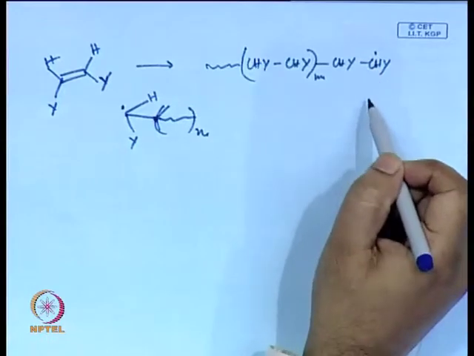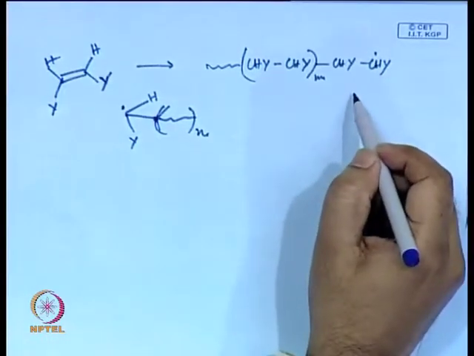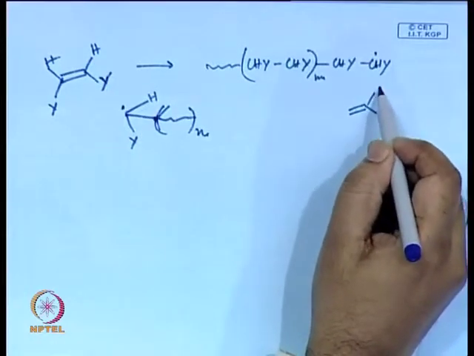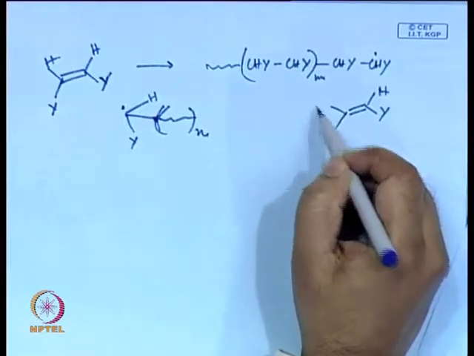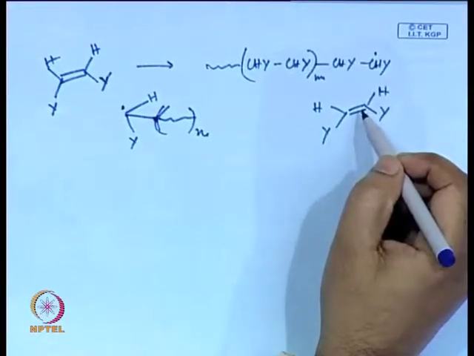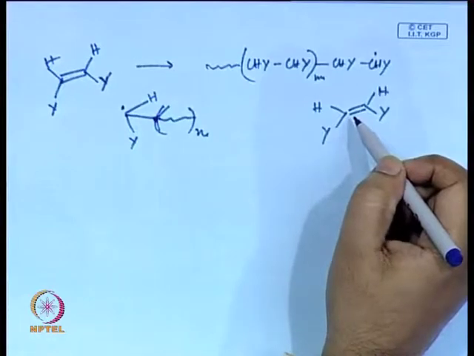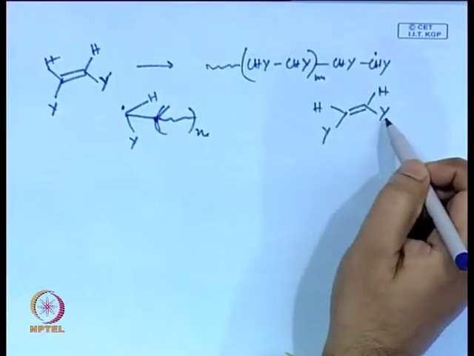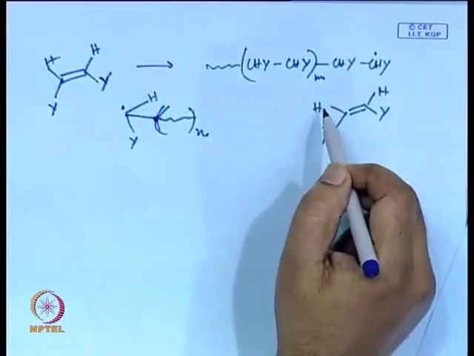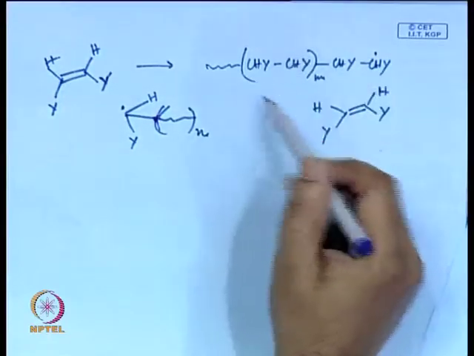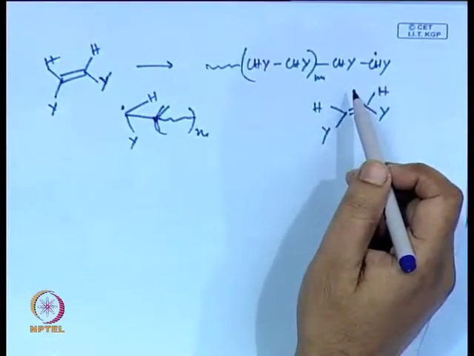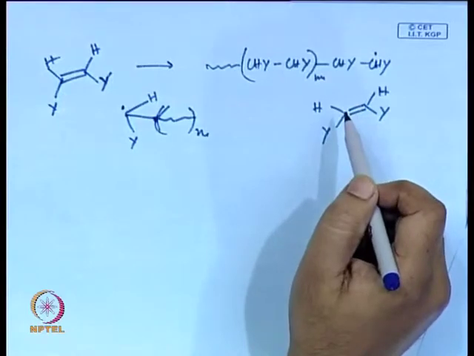Now, when this has to further take part in polymerization, it has to approach this monomer. That approach becomes very sterically hindered because of the presence of all these substitutions, and that is the reason this is very difficult, and that is why these reactions are very difficult to carry out.